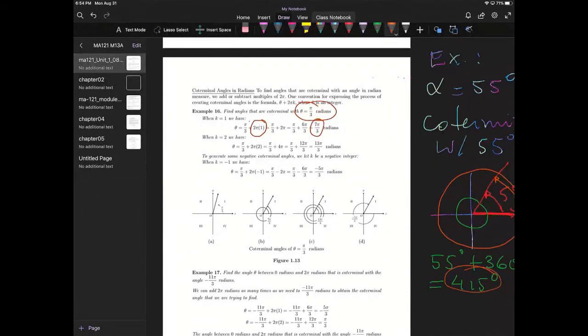If you subtract 2 pi, which is the same as subtracting 360, you get an angle also in radians. So that's the idea. Because the angle is given in radians, all you need to do is add 2 pi or subtract 2 pi multiple times. Sometimes it depends how many angles you need, but this should give you the answer already in radians without having to convert between the units.